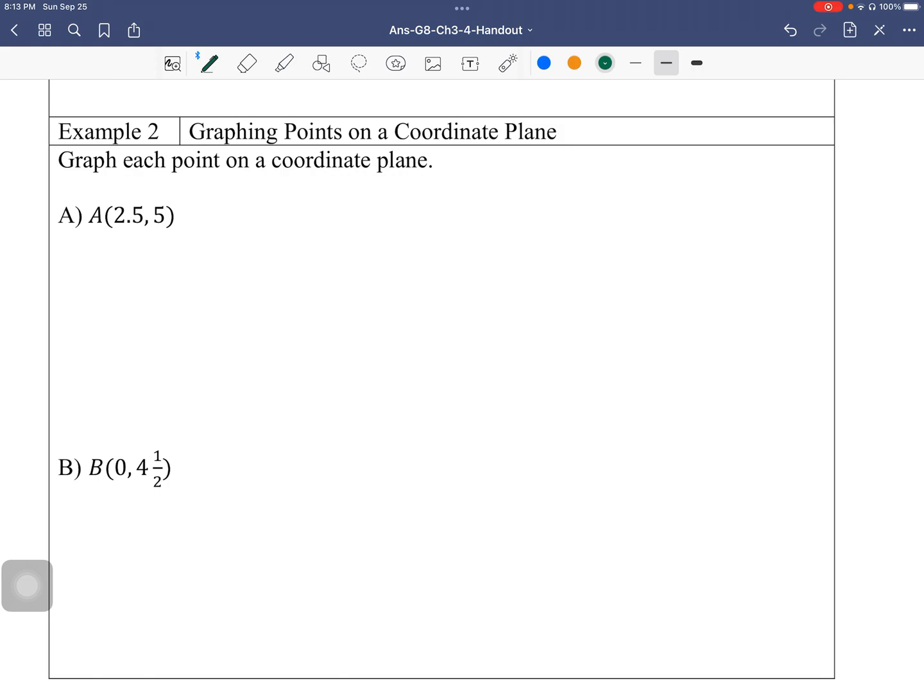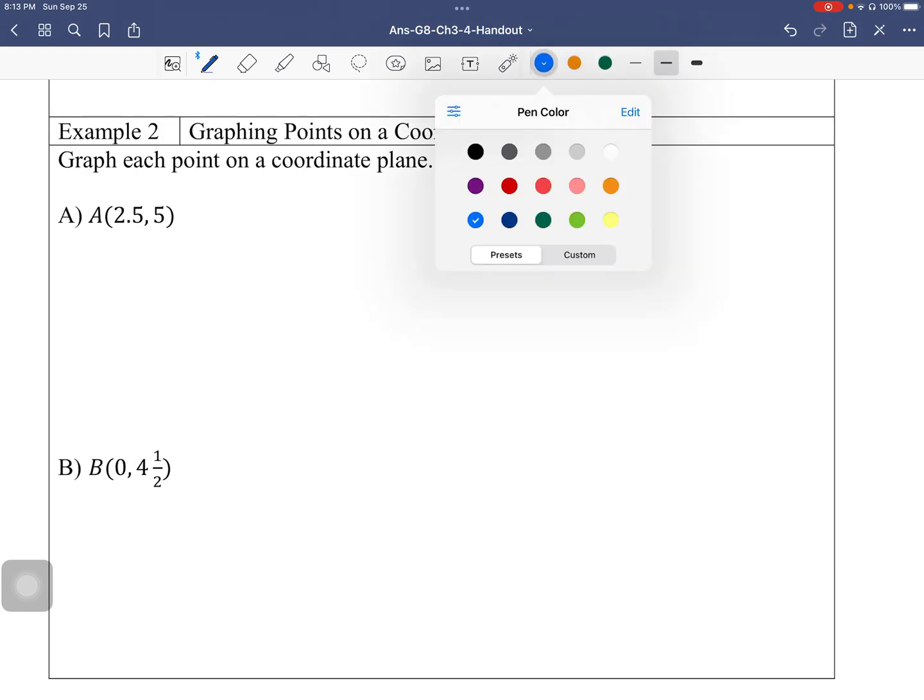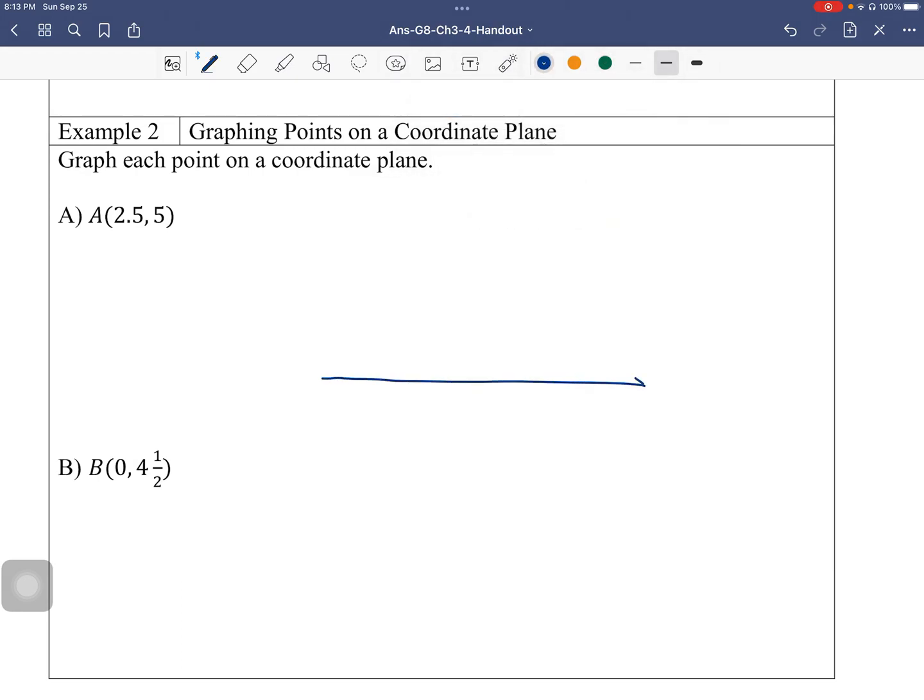Okay, so example 2, how do we graph each point on the plane? A is 2.5 and 5. So 1, 2, 3, 4, 5, and this is the origin 0, 0.